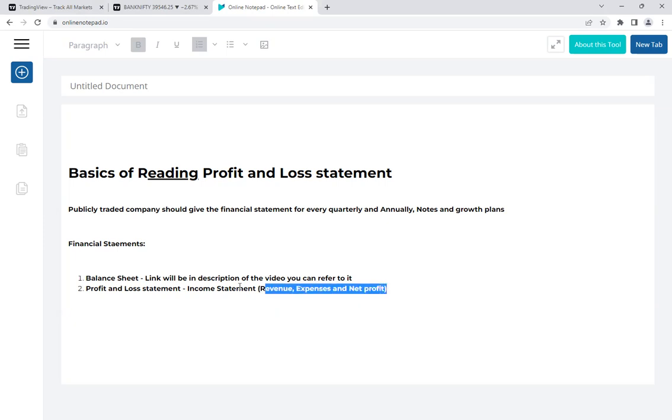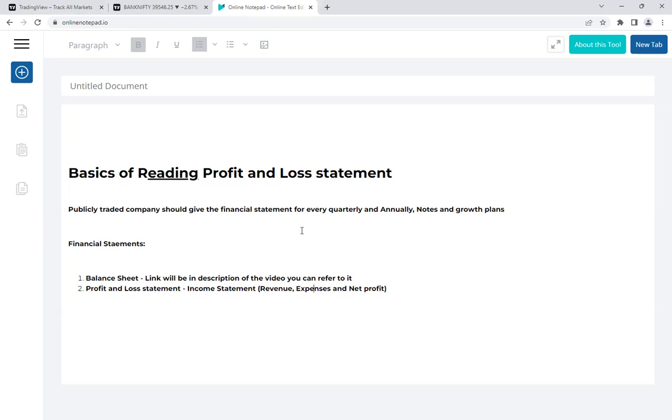With this statement, we'll know the ability of the company to generate good profits. If any company wants to keep growing its profits, it has to do two things. One is to increase the revenue, or the other option is to decrease the expenses, or both.